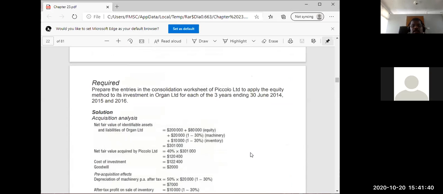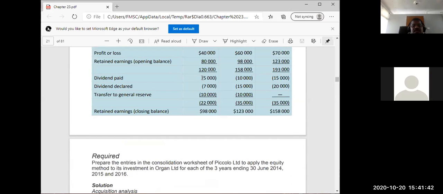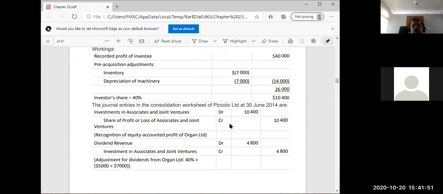Basically what I want to communicate here is, you see the dividends 5,000 paid and 7,000 declared, so altogether it's 12,000. From 12,000, when you calculate the 40%, of course you get the 4,800. When you prepare the consolidated financial statement in the investor's books, you debit the dividend revenue and you credit the investment.